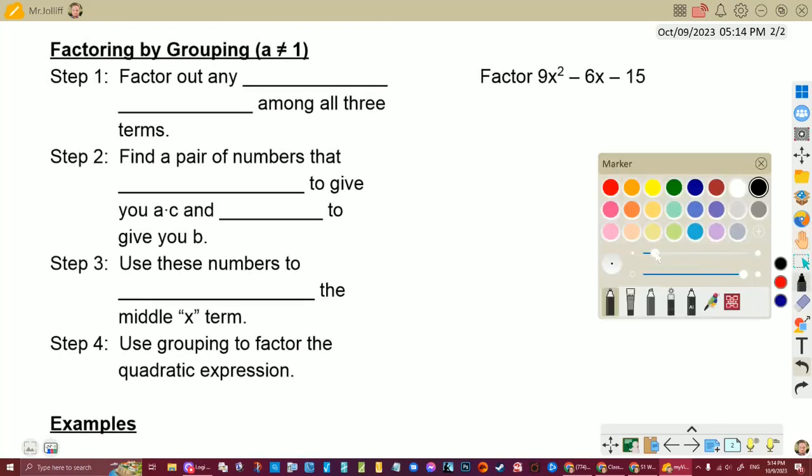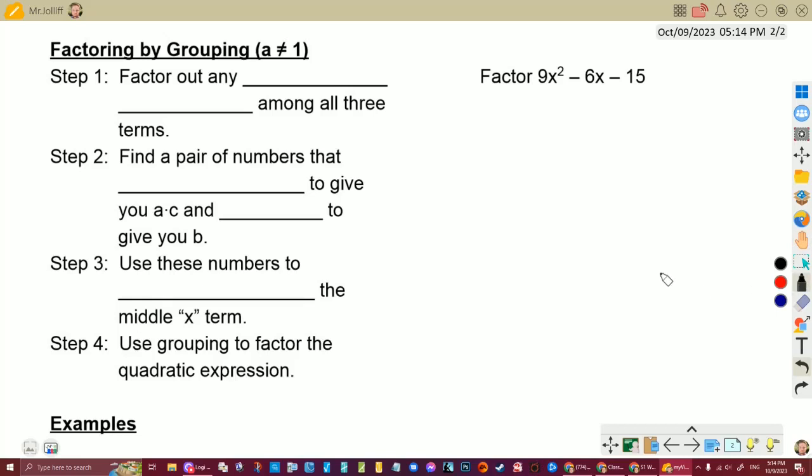Our very first step is we're going to look for any common factors among all 3 terms, so any number that divides into all 3 of those coefficients. Looking at this sample problem, where it says factor 9x squared minus 6x minus 15, I can see that all 3 of those numbers are divisible by 3.